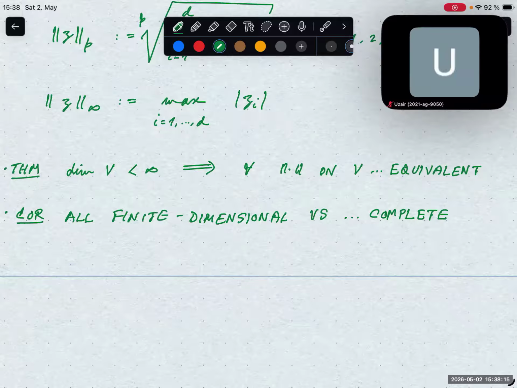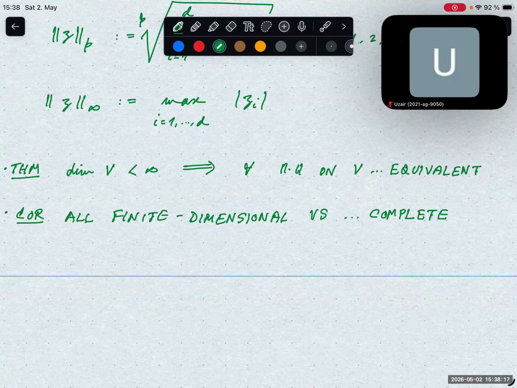So that's the answer. Hopefully that clarifies why, in linear algebra, you probably never encounter the notion of completeness, and that's one of the things that differentiate the finite dimensional and infinite dimensional situations.